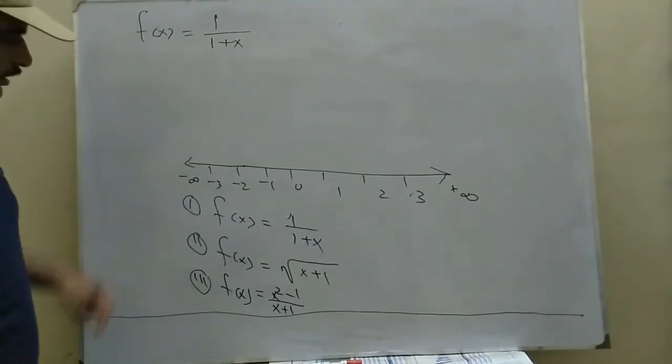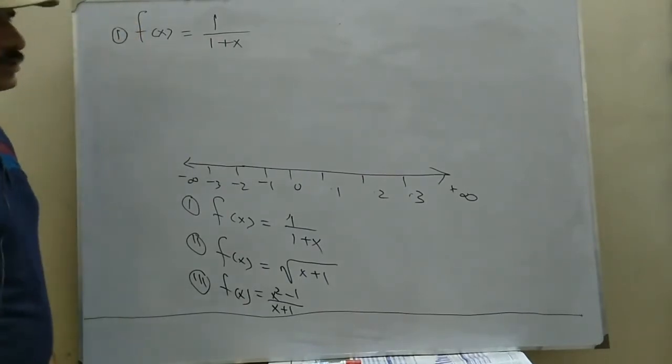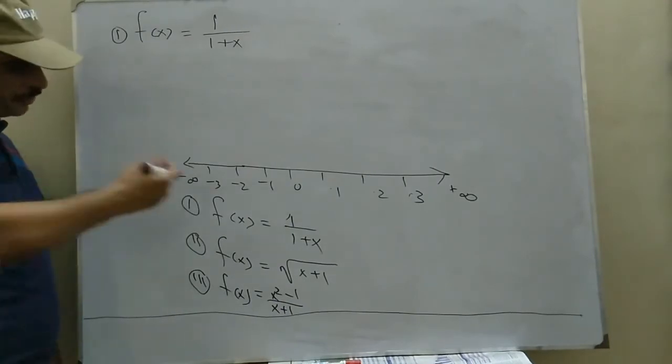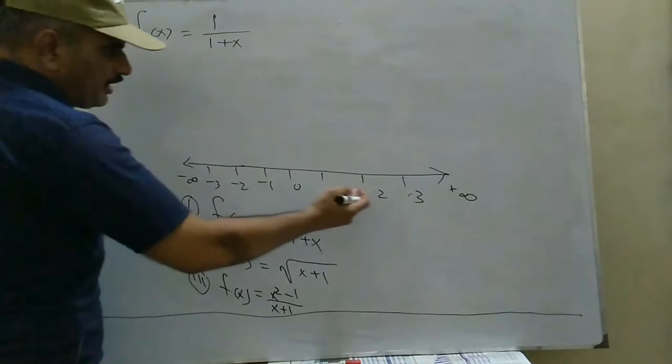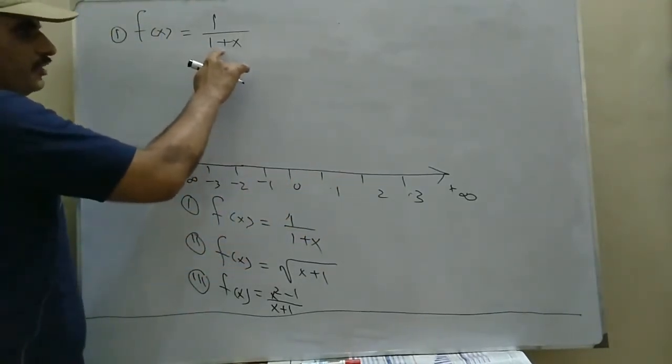Now here is our example number 1. The function is f of x is equal to 1 over 1 plus x. Here you can choose any value from this number line as domain, but avoid such values which make the denominator 0.